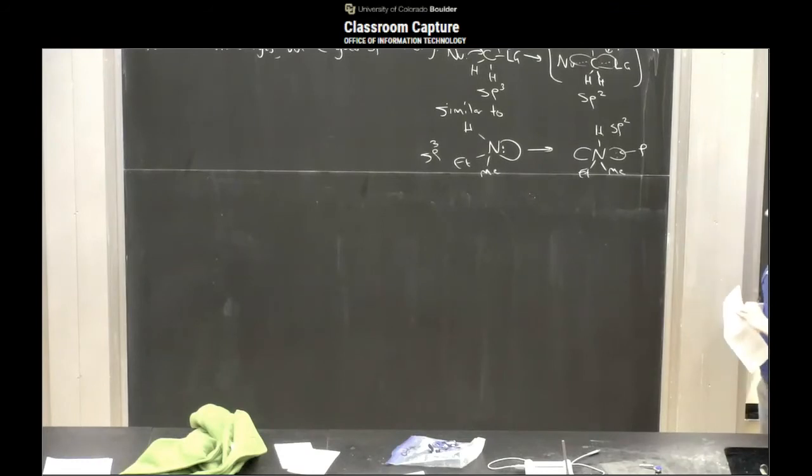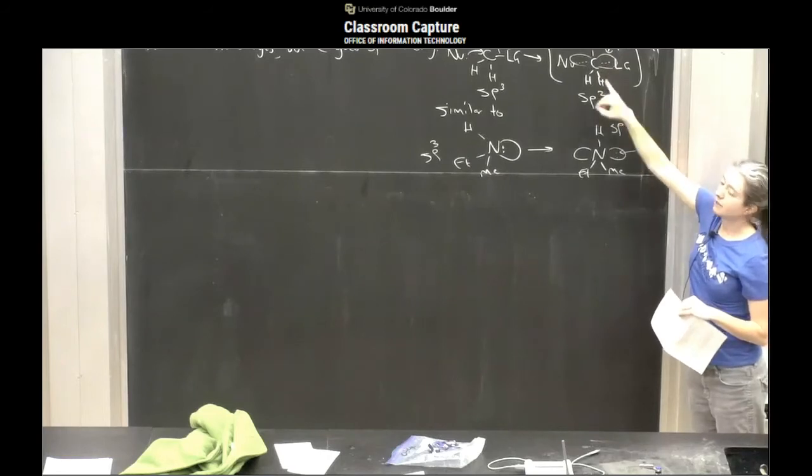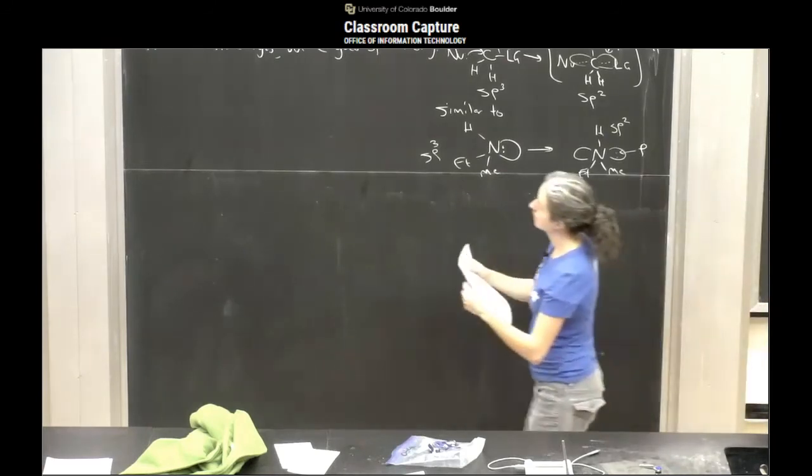Okay, so given what we've talked about with p orbitals and pi systems and aromatic rings, looking at something with a p orbital here might make you think that being next to an aromatic ring, there might be some interaction going on there. And it turns out that's the case.